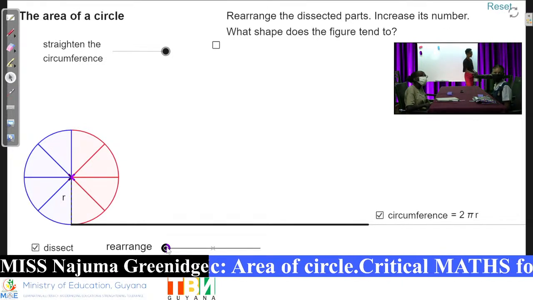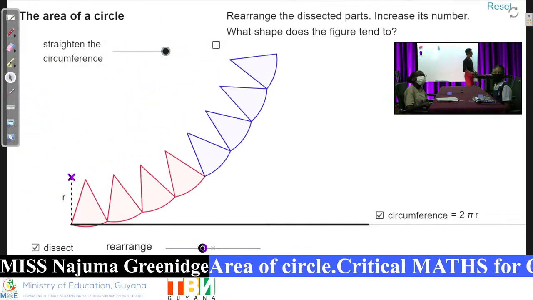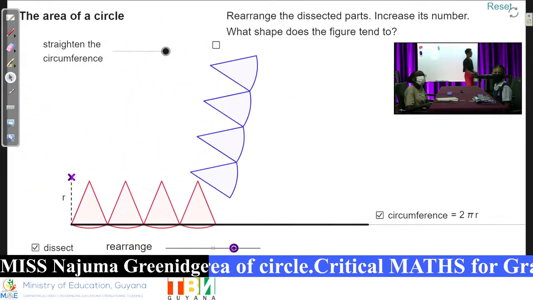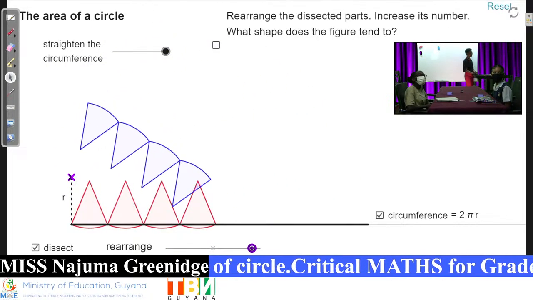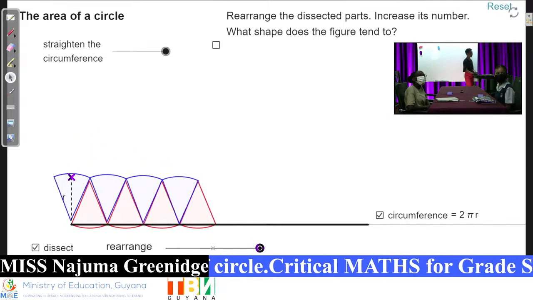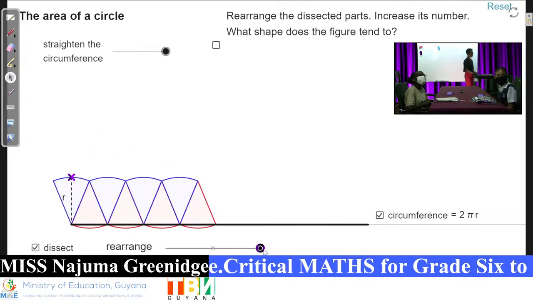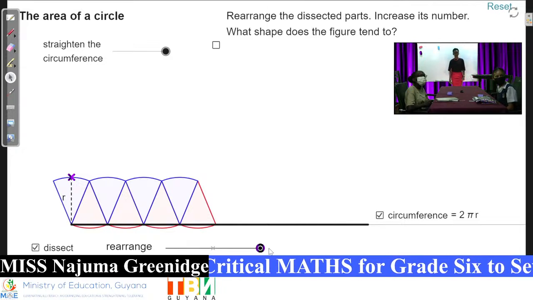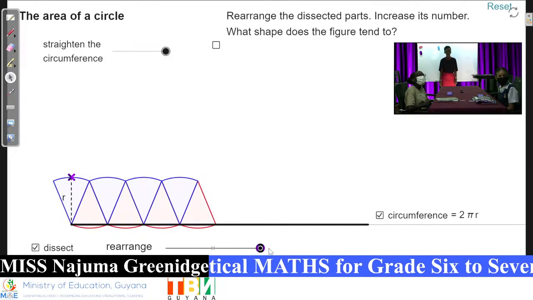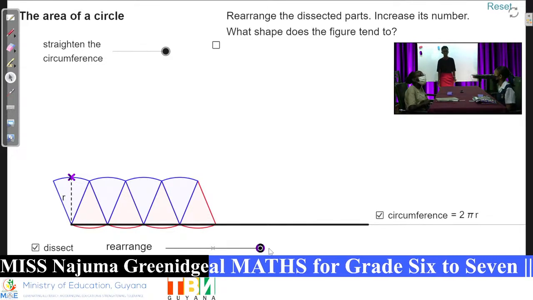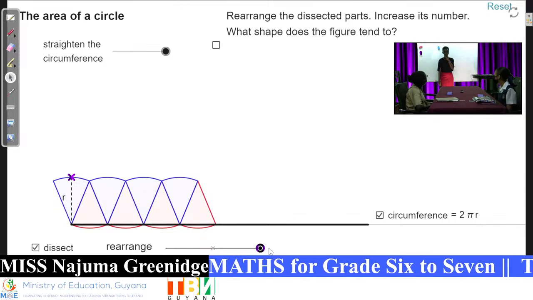So if I open up that sector there, and then I put these in the middle there, what is the height of the figure? It's right here. R. See that R? So the height of the figure is R, which is our radius.